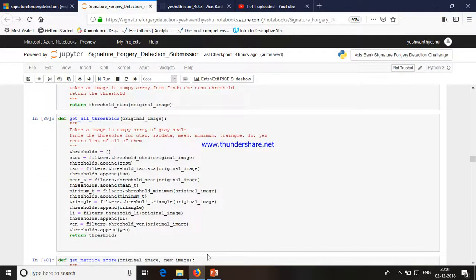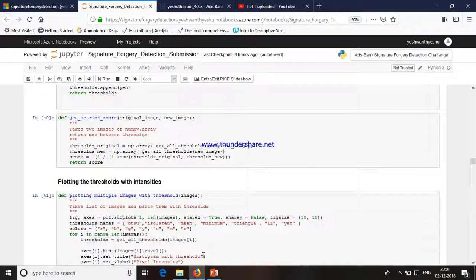We have some functions which give a threshold value of the intensities across the range of intensities in our image. By using Otsu, isodata, mean, minimum, triangle, li, and different functions, we find different thresholds, and then we compare those threshold values for the new image.